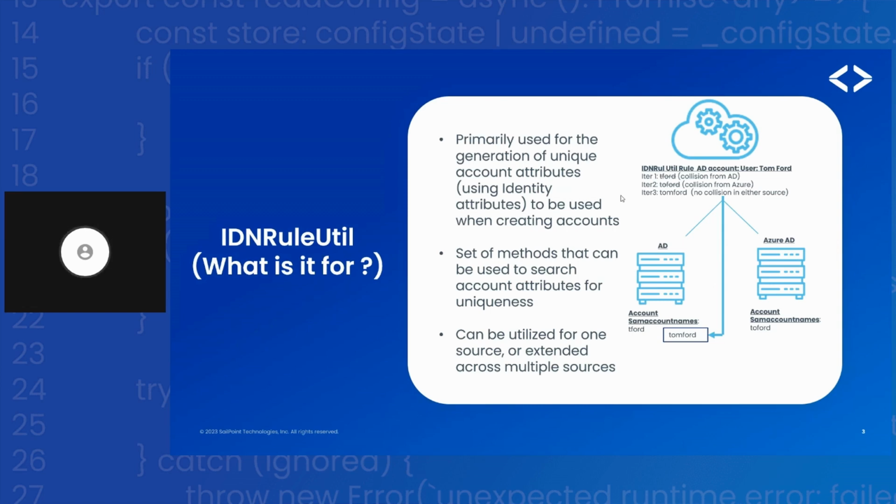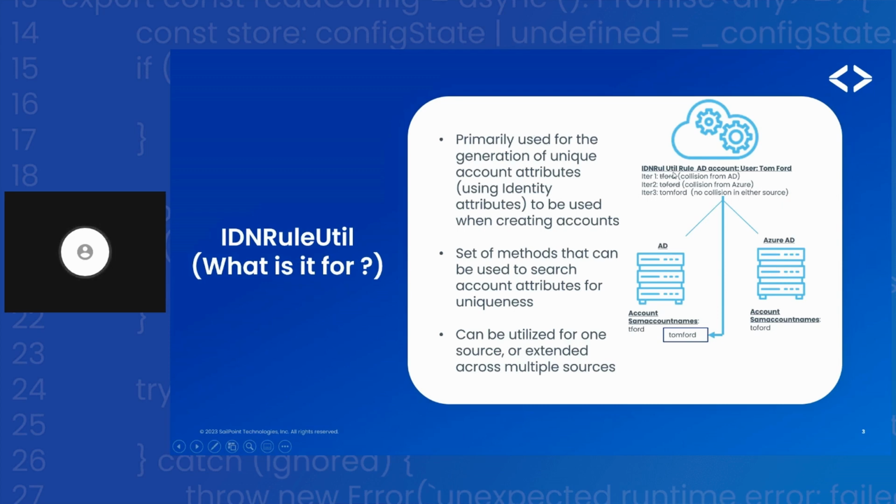You can use a specific set of methods to search for account attributes, such as first name, last name, basically any identity properties that are on the identity profile for an individual. You can utilize it for one source, or use multiple sources if you want uniqueness across multiple sources. So these methods can be particularly useful in those endeavors.